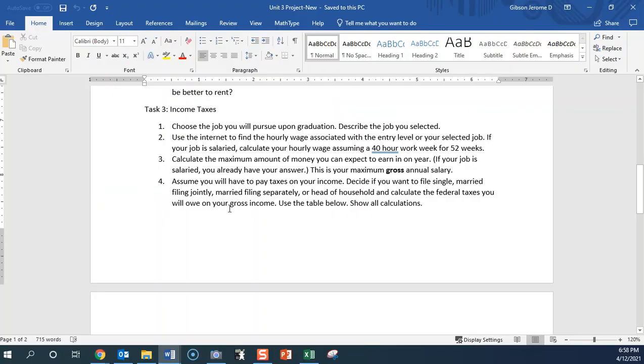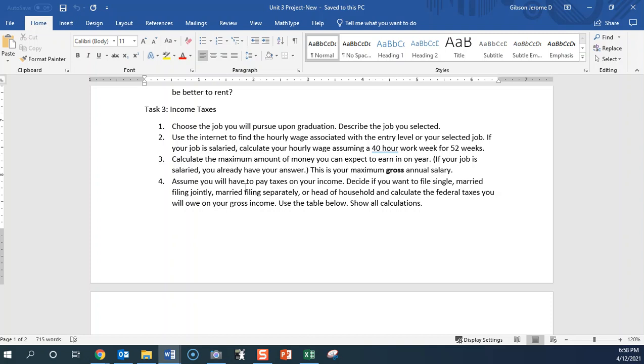That will help us throughout this problem. So you need both. Okay, now it says number 3, calculate the maximum amount of money you can expect to earn in 1 year. Basically that's what I did for number 2, so this would be 2 and 3.